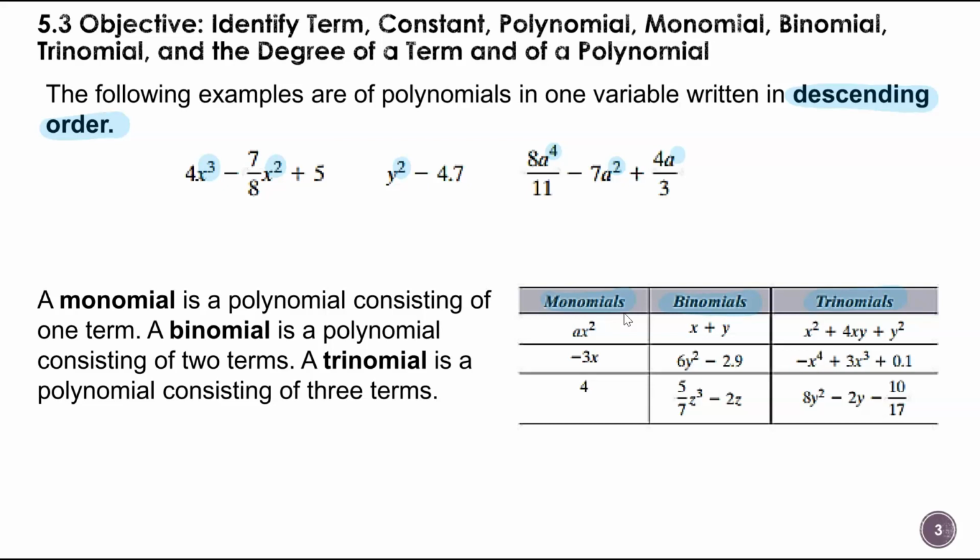We did talk about descending order, and descending order is by the exponent, which is also the degree. So 4x cubed has a degree of 3, 7/8 x squared has a degree of 2, and 5 has a degree of 0. You can see that they're in order based on the degree of each term.